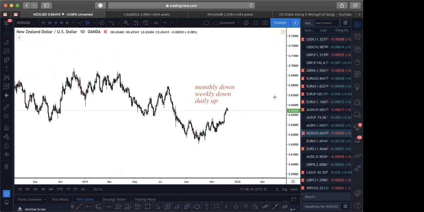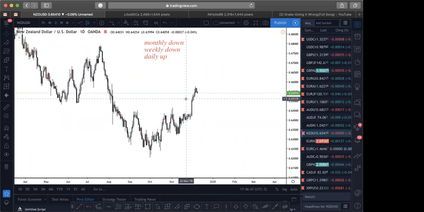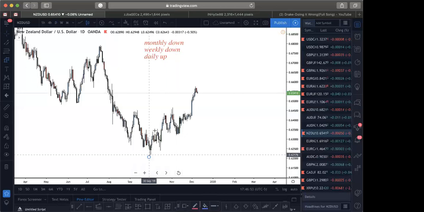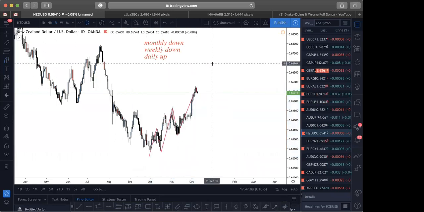So we can see that, okay, we know the weekly, monthly is trending down, weekly is trending down, but the daily is trending up. It is making higher highs and higher lows. So we know that in the grand scheme of things, the weekly and the monthly time frame is trending down.